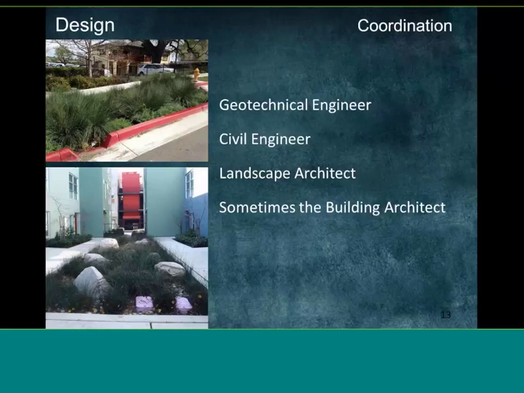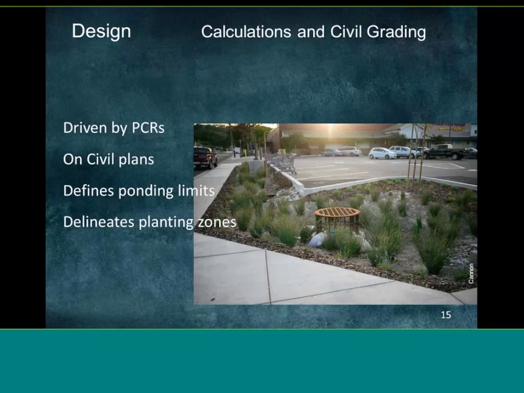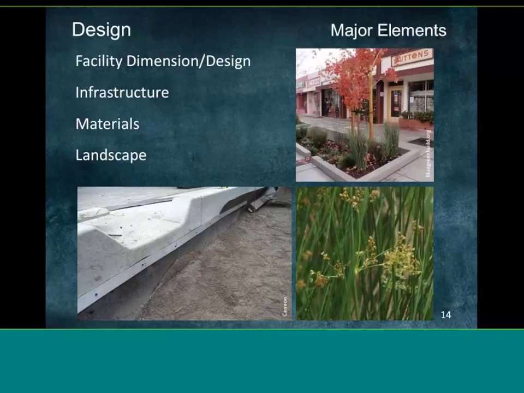So from the geotechnical engineer who is doing investigations to help understand where on a site bioretention will best work, to the civil engineer who's designing the entire layout of the site and the details for these features, the landscape architect, obviously, sometimes the building architect. Everyone needs to work together.